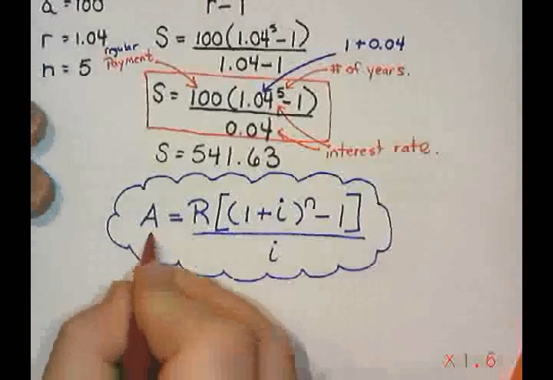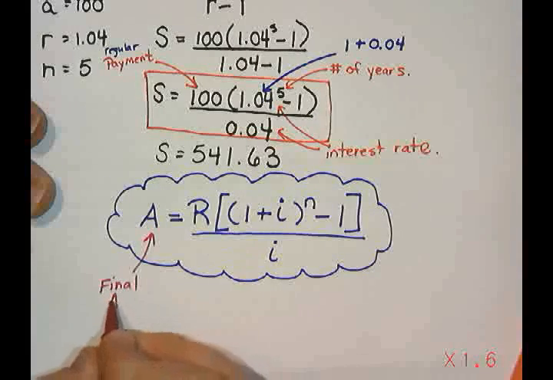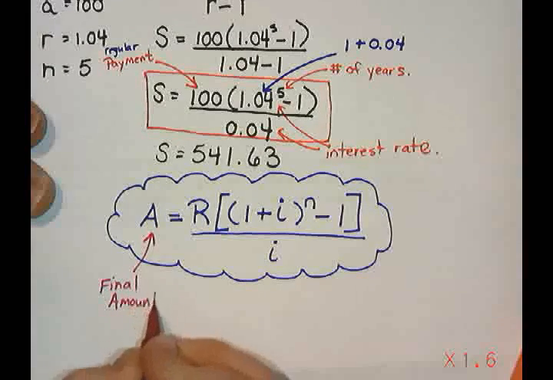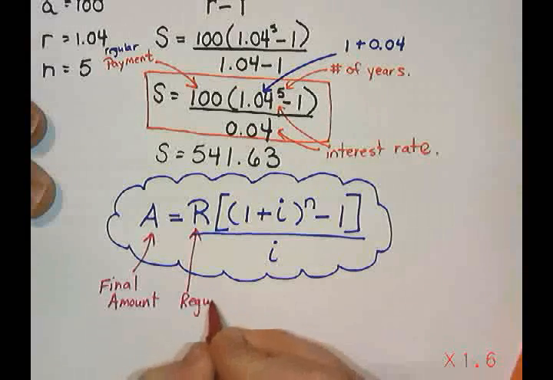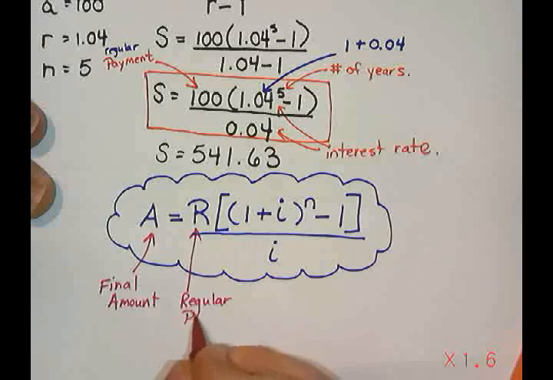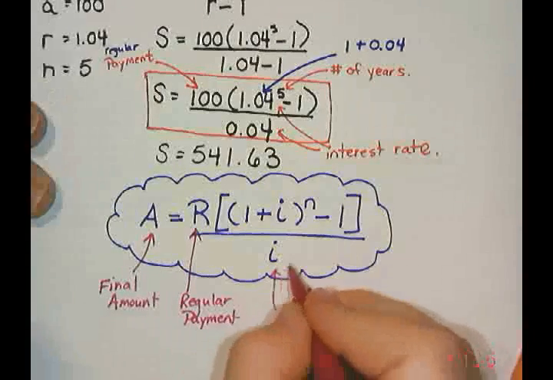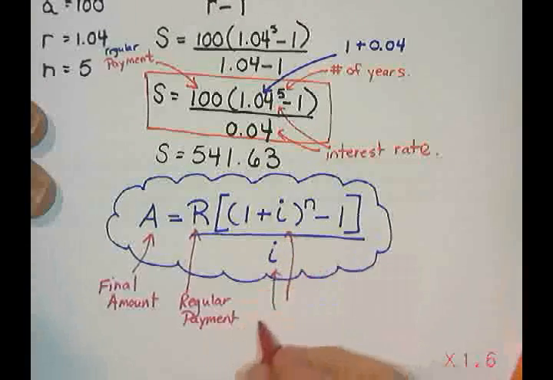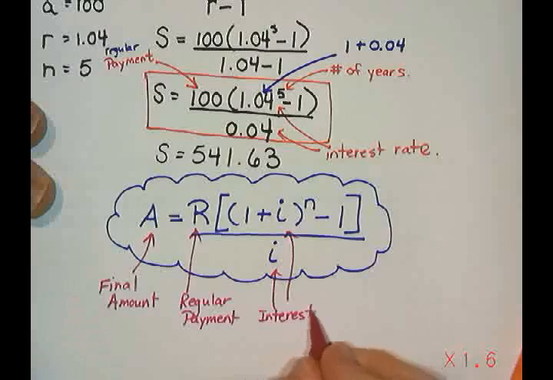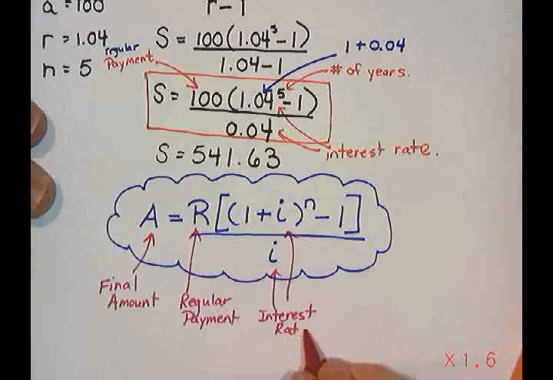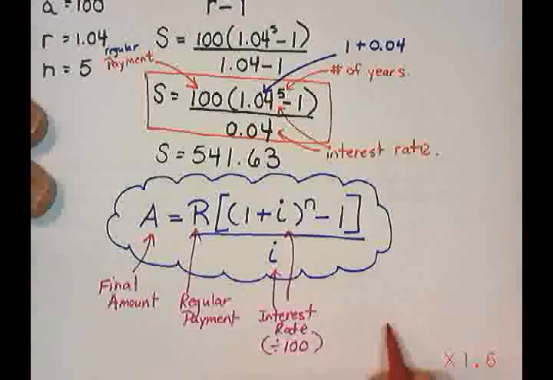So I'm just going to mark that A is our final amount, R is our regular payment, I, in both cases here, is our interest rate as a decimal, which means we had to divide it by 100.